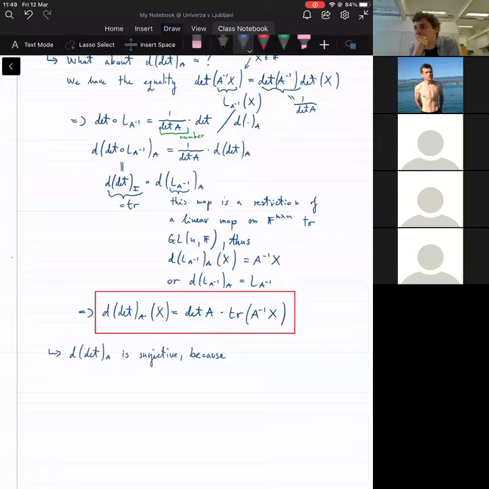Can I just ask something? Yes. Didn't it say that A is from SL_n? Wouldn't the determinant of A then just be 1?